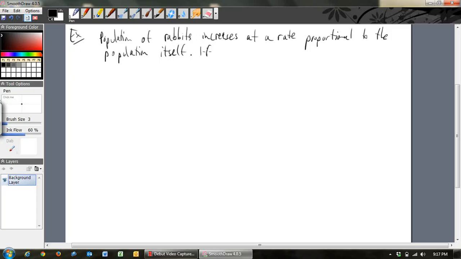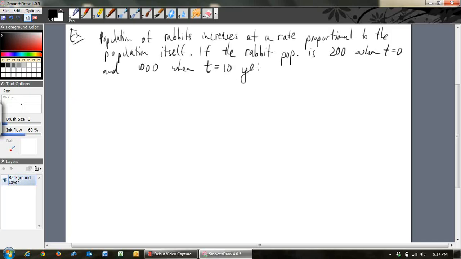Okay, if the rabbit population, I'm just going to write pop if that's okay, is 200 when time equals 0 and 1000 when time equals 10, and I'll just say years. Okay, so all time will be in years for this question.